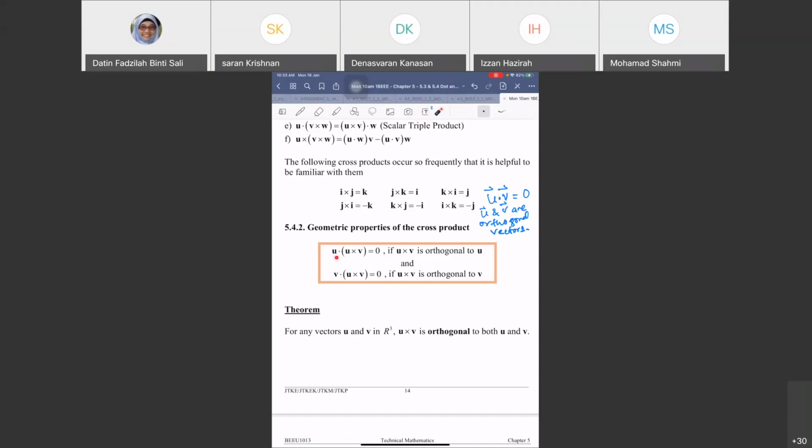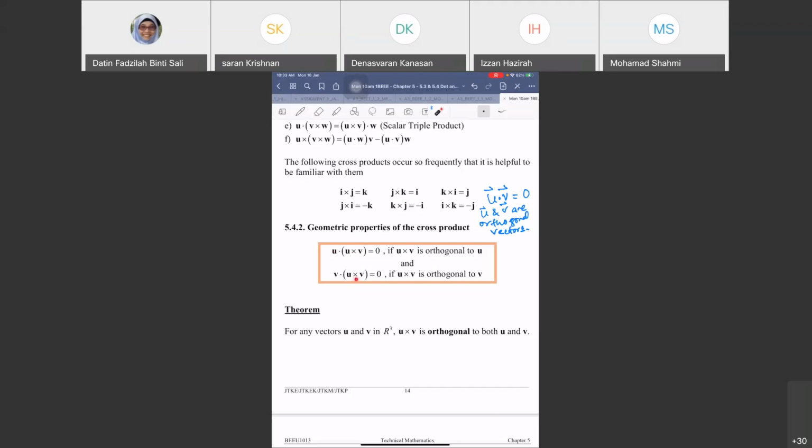Coming back to here, the fact that u cross v is also a vector means you can dot it with another vector u. It makes sense, because this is a vector and this is a vector. When you dot and get 0, that means they are orthogonal. The cross product, the one that is pointing upward, is orthogonal to vector u.